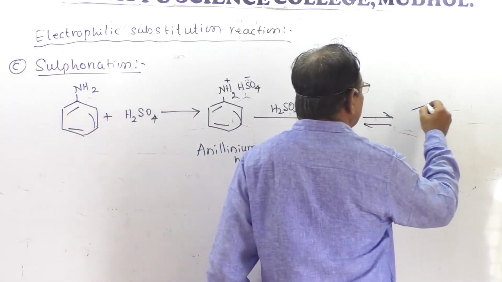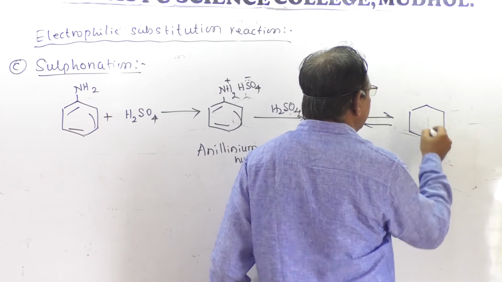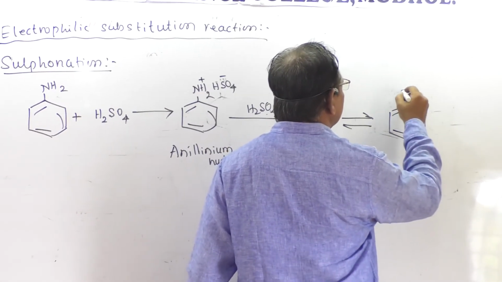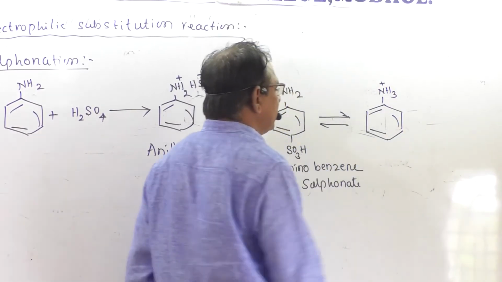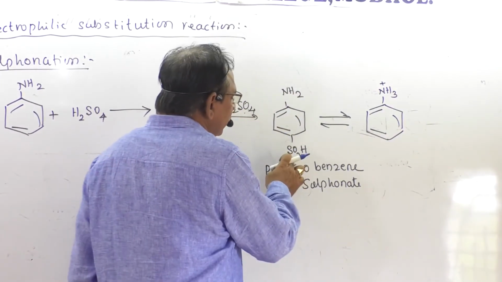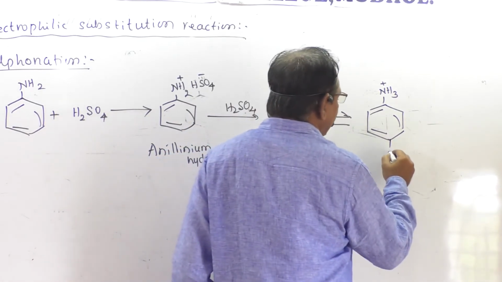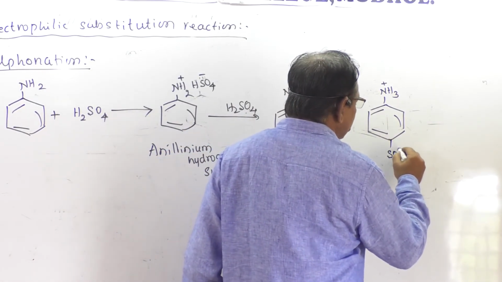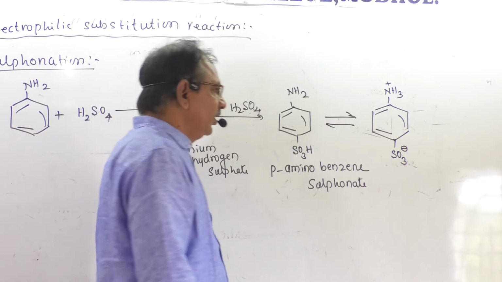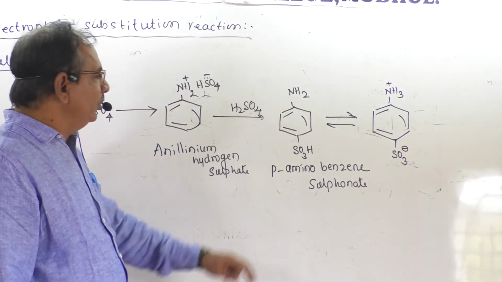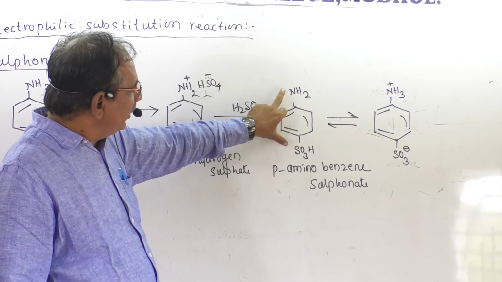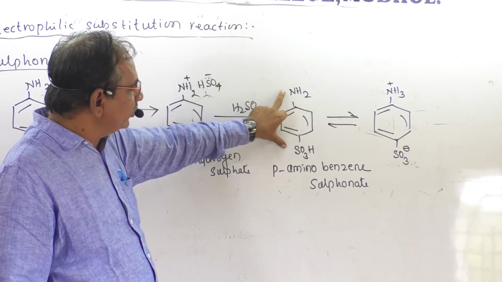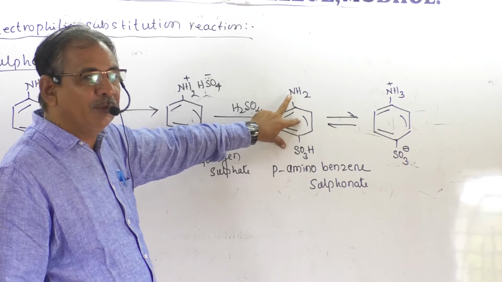During the transfer of the H plus ion from the acidic group to the basic group, NH2 is converted into NH3 plus ion, and the acidic group, which donates the H plus ion, is converted into SO3 minus ion. Both the acidic group and the basic group are present in the same compound.